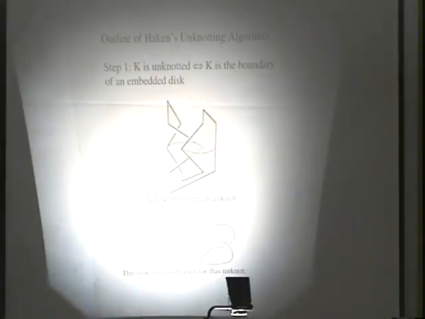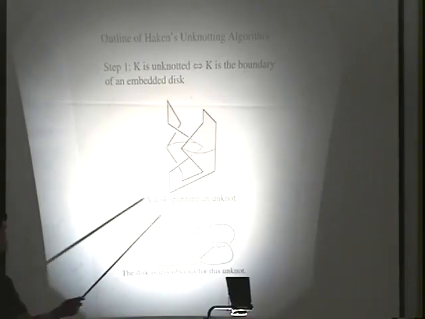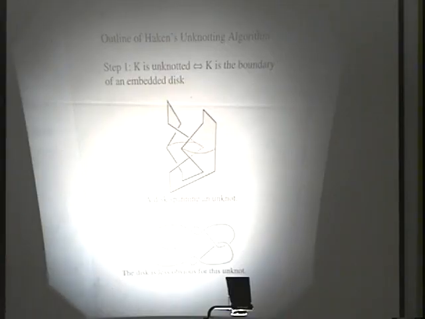So the first step after you've triangulated everything is to notice that if K is unknotted, then it's the boundary of some disk. That's the right point of view. This isn't the point of view that many other people had taken. Some people had tried to solve this problem by looking at the knot group, trying to solve the word problem for this special class of groups that arise.